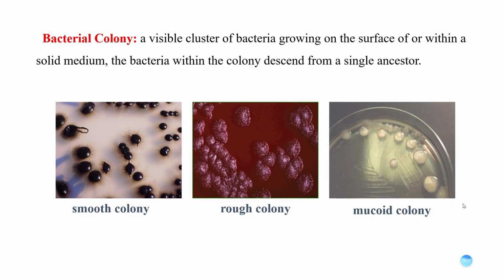It's also smooth, but mucoid means that this colony can flow, okay? It can spread. So when the bacteria grow on the surface, it can spread on the surface. So we call it mucoid. So that's three different types of colonies. If you culture E. coli, it should be like this.